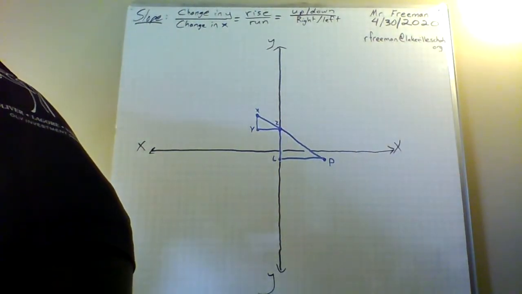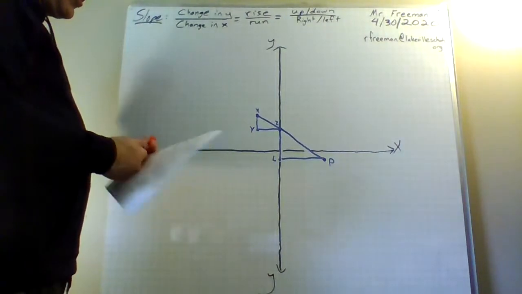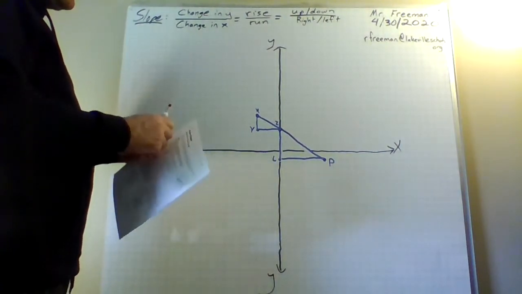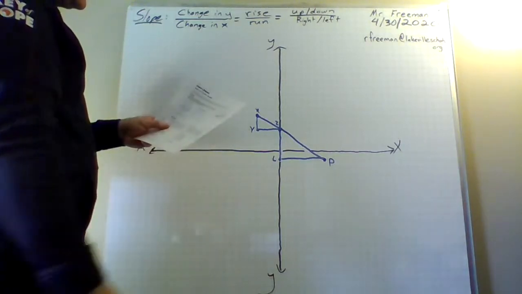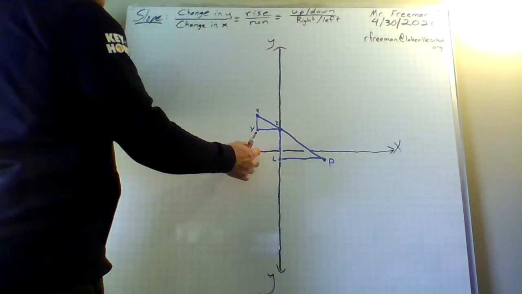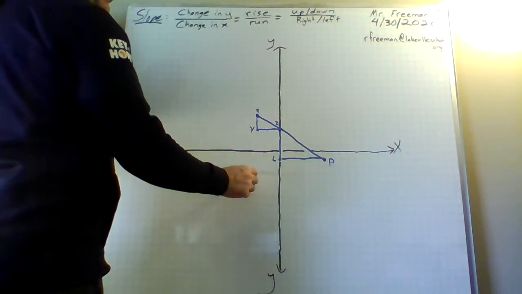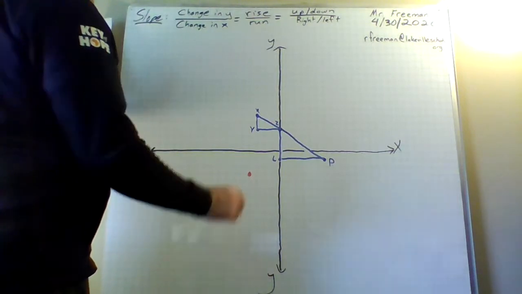On number 2, I'm going to use, say, red. Some of these may not show up quite as much, but you'll be able to see what's going on. This says graph ABE, where A is -4, -3. 1, 2, 3, 4, 1, 2, 3. That's where A is.